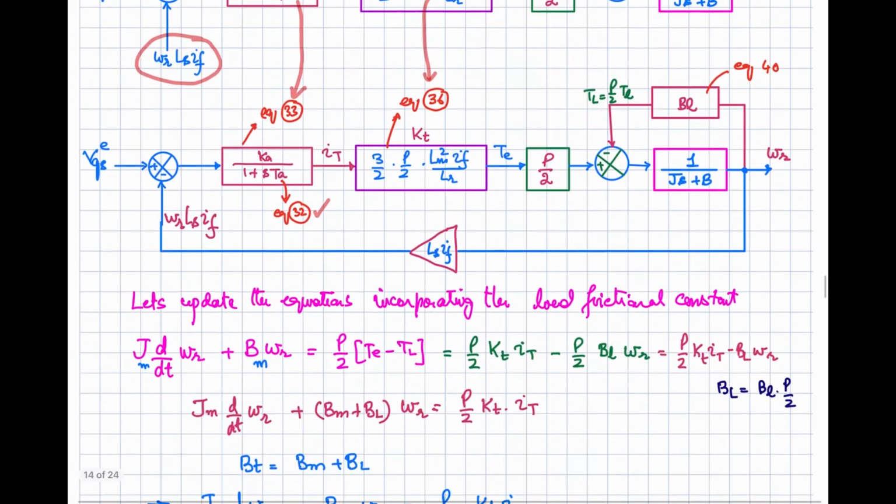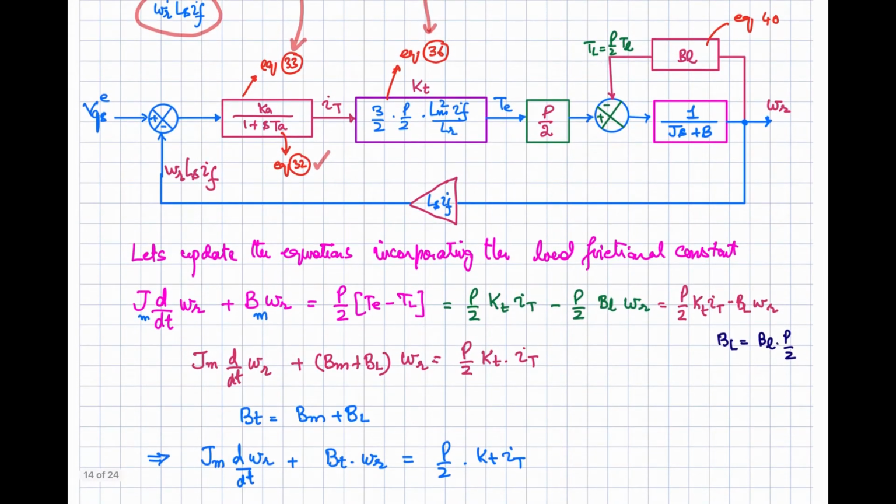Okay, now let's update the equation incorporating this load frictional coefficient. So we know that our mechanical equation is given by this expression, that is J into alpha plus Bm into omega, equal to P by 2 into (Te minus TL).